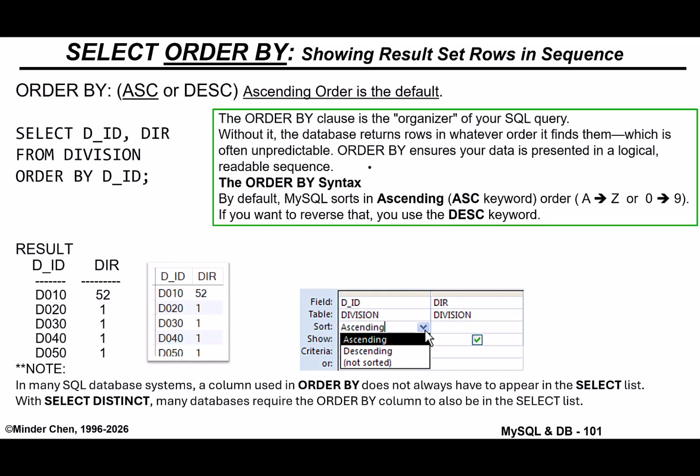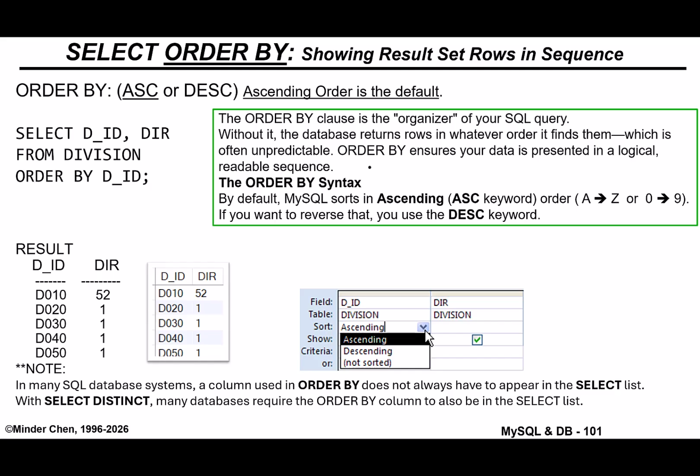Sorting. Sorting is when you retrieve certain columns and certain rows from the table based on certain filtering criteria in the where clause, and then you can decide how you want the result set to be sorted.